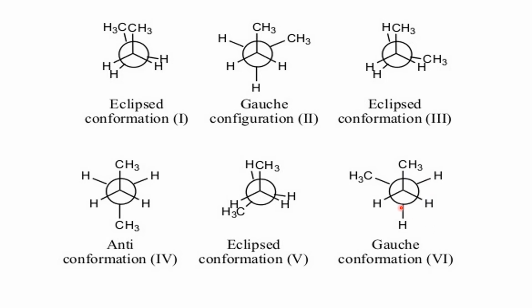This gauche conformation on again rotation will give you the fully eclipsed conformation. That means from a fully eclipsed conformation, it moves to a gauche conformation, eclipsed conformation, anti-conformation, again to an eclipsed conformation, and finally to gauche and eclipsed conformation.